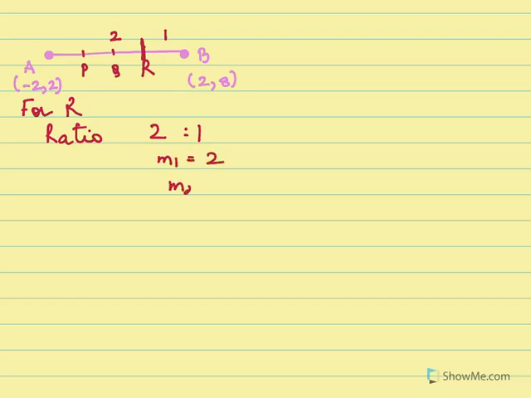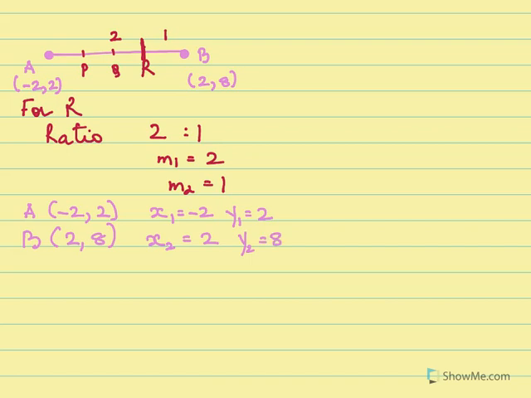M1 is 3 and your M2 is 1. A is -2, 2, which means x1 is -2, y1 is 2. B is 2 and 8, which means x2 is 2, y2 is 8.